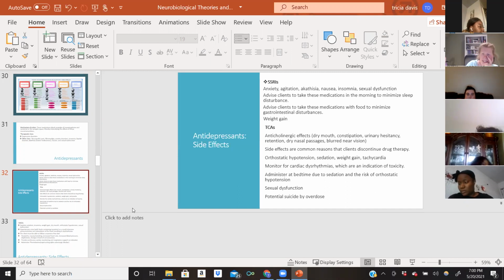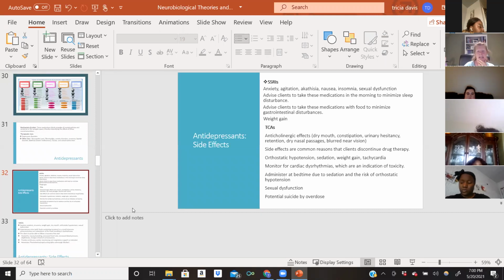Advise the clients to take these medications in the morning to minimize sleep disturbances. Advise them to take these medications with food because sometimes it can cause nausea. It can also cause a lack of appetite. And then we can also see weight gain with these SSRIs.